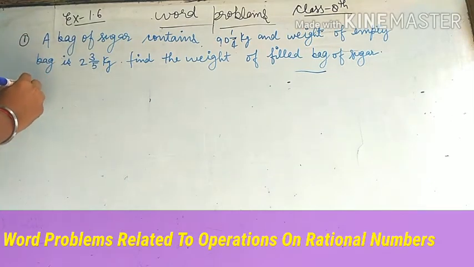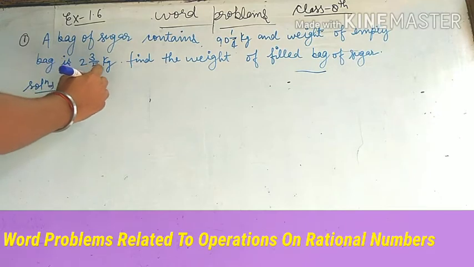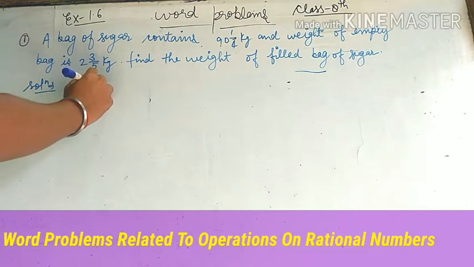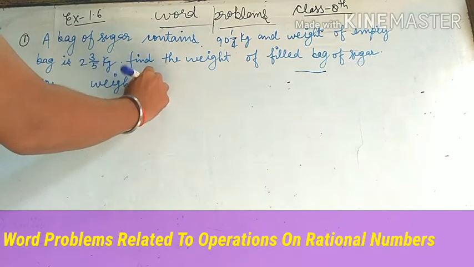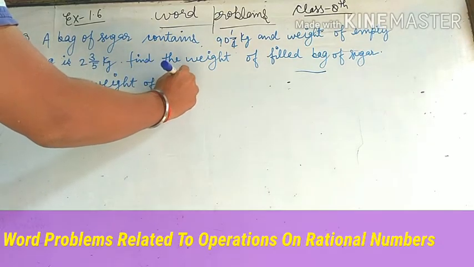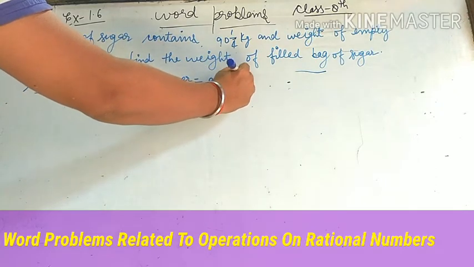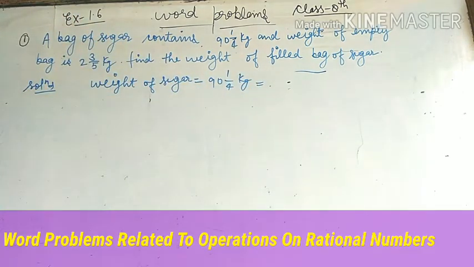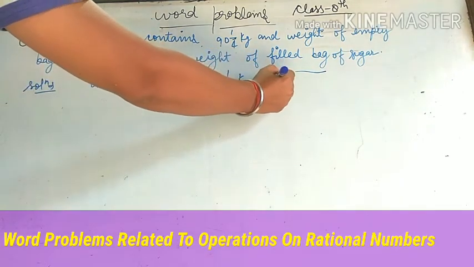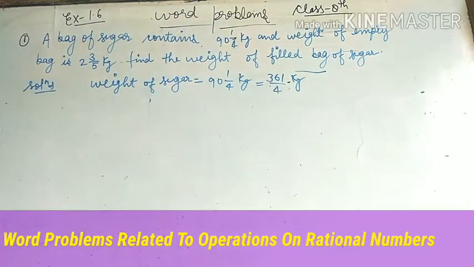Okay, so for the solution, weight of sugar, 90 complete 1 upon 4 kilogram means 4 nines are 36, so 360 and 1, 361 upon 4 kilogram.